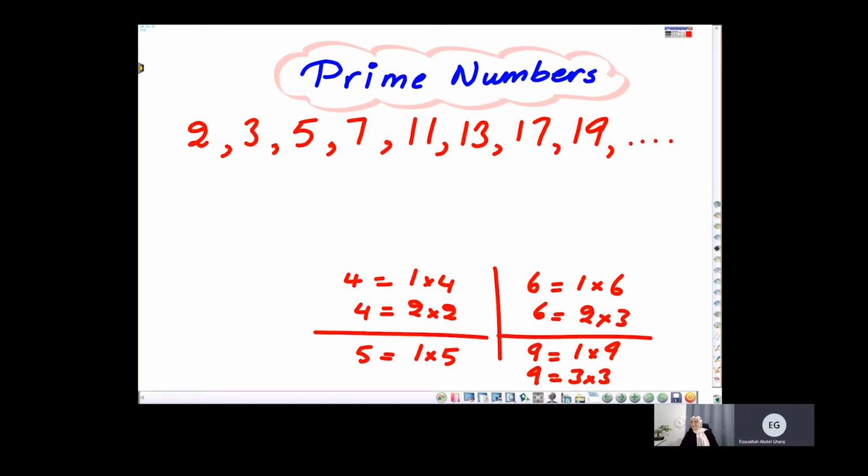We can sing a song: prime numbers are 2, 3, 5, 7, 11, 13, 17, 19. There are a lot of prime numbers. If you understand the concept, you can solve any problem related to prime numbers, like this one.